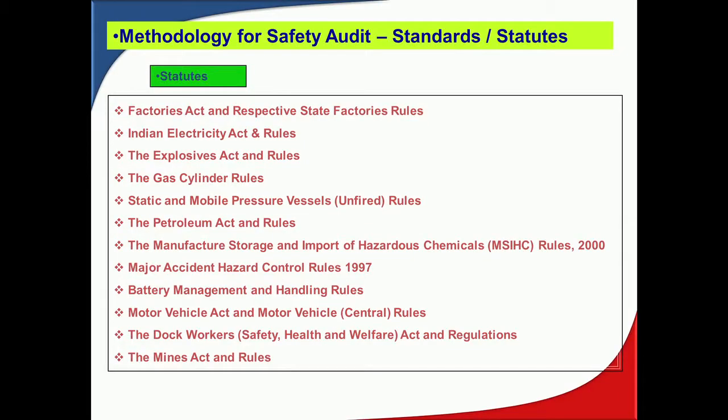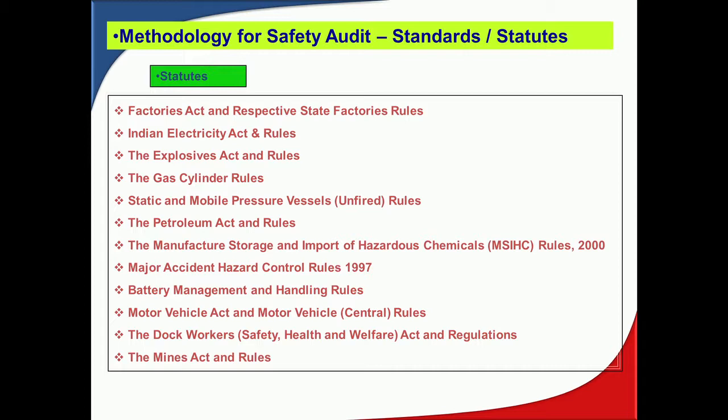Some of the statutes which we need to follow for this: we need to look into the Factories Act, which you already know about, the Indian Electricity Rules, Explosives Rules, and Gas Cylinder Rules when you are handling different gas cylinders. Then static and mobile pressure vessels, like air receivers. When you are handling petroleum, the Petroleum Act and other rules come into it.